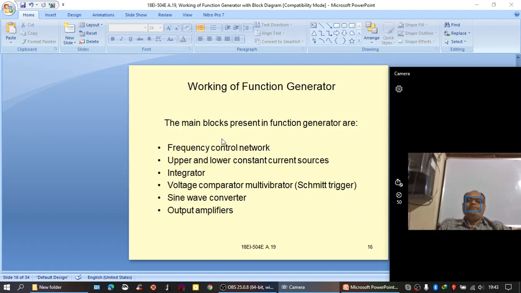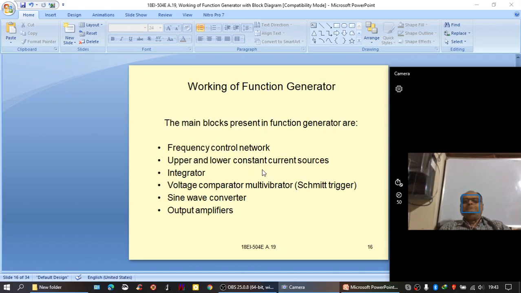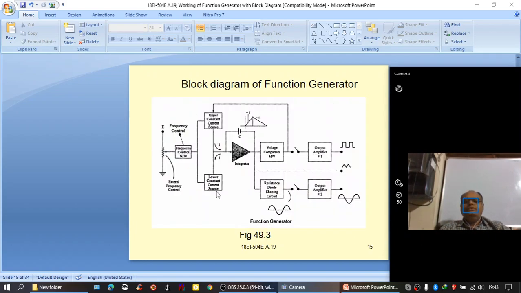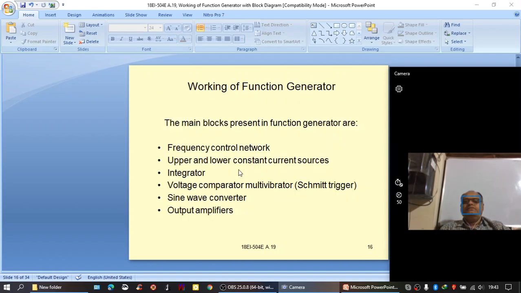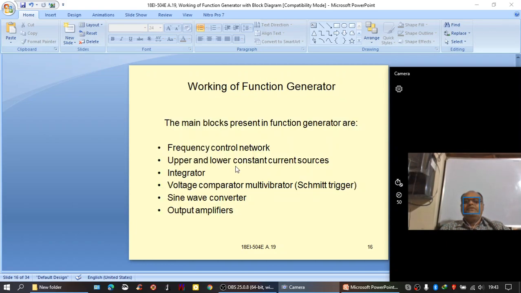Let us see here. The main blocks present in the function generator are the frequency control network, that is the first one, this one. Upper and lower constant current sources. Integrator, this is the integrator.